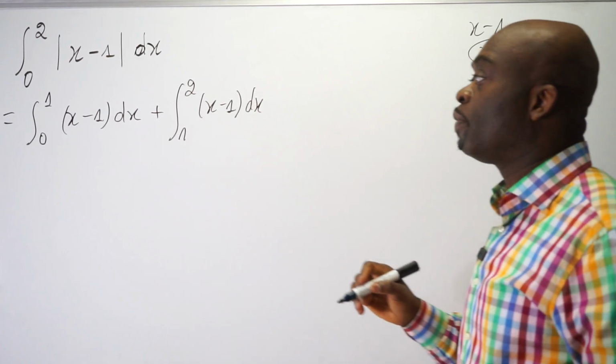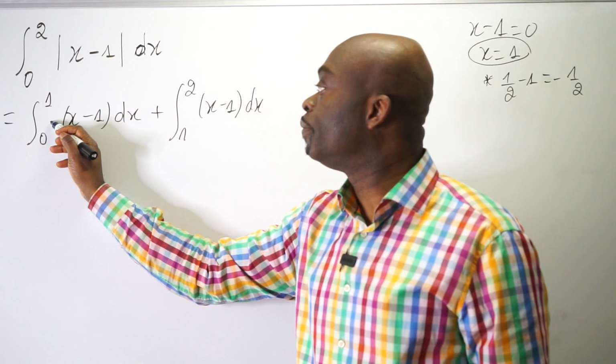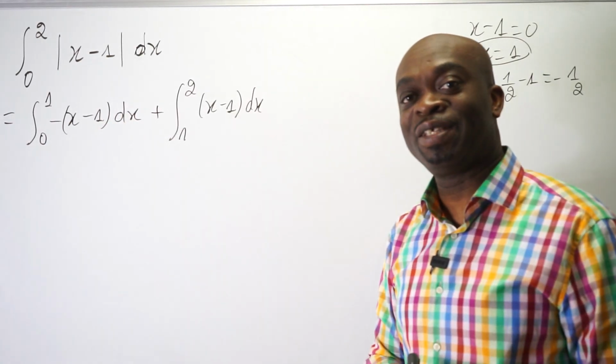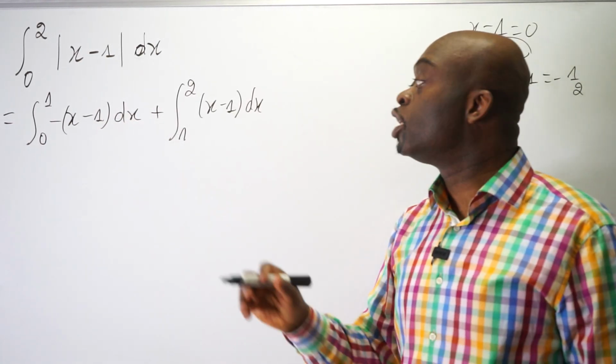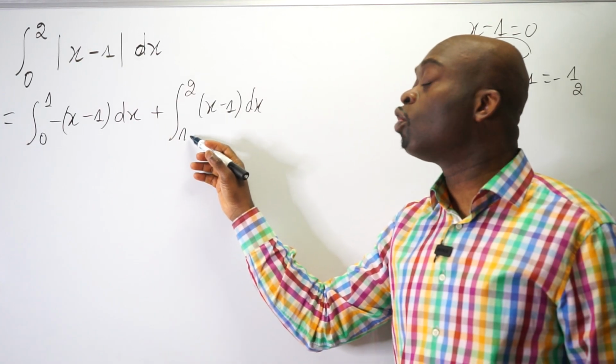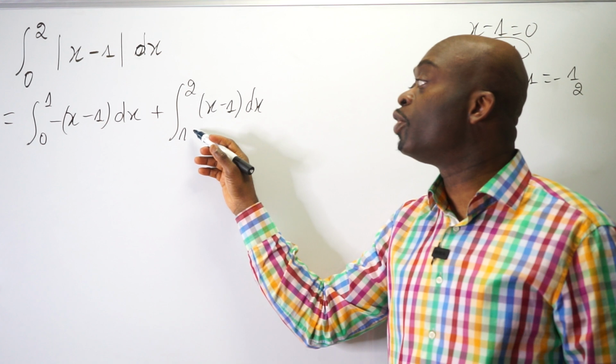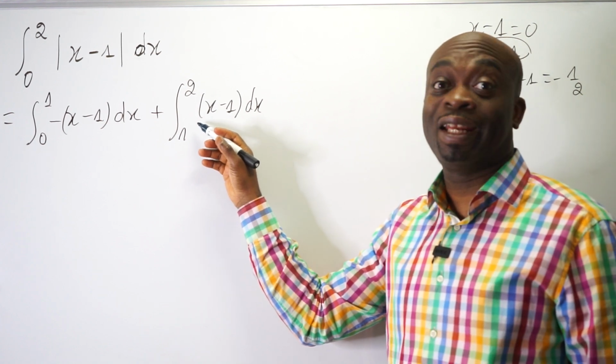Because that's a negative number, that means this function here is a negative function, meaning this is supposed to be a negative function. All right? Then we've got to do the same thing here. So you come here and look for a value in the range between 1 and 2, so we can choose 1.5.